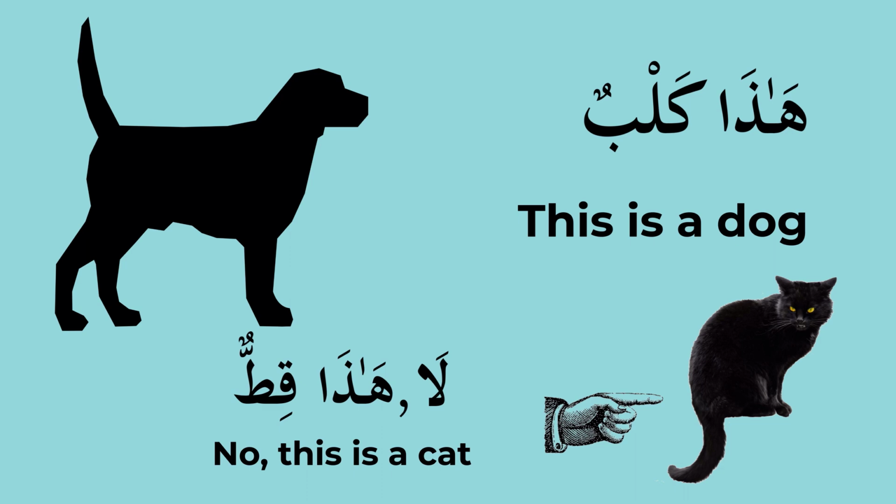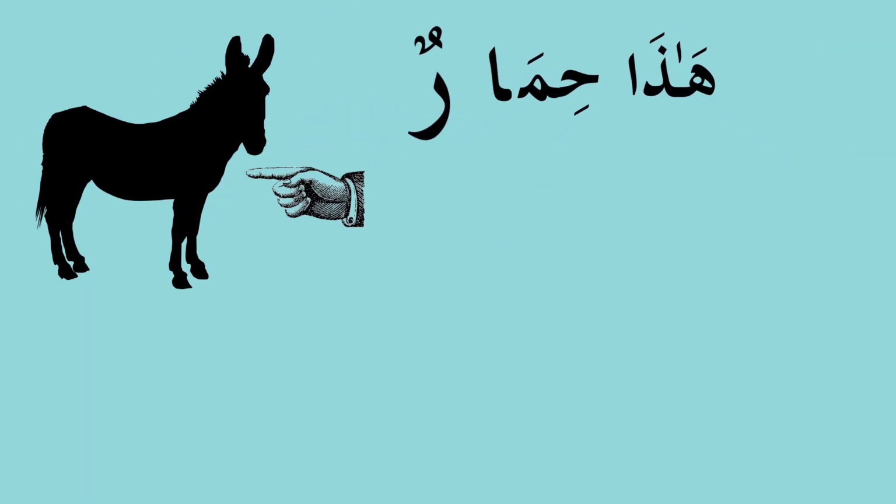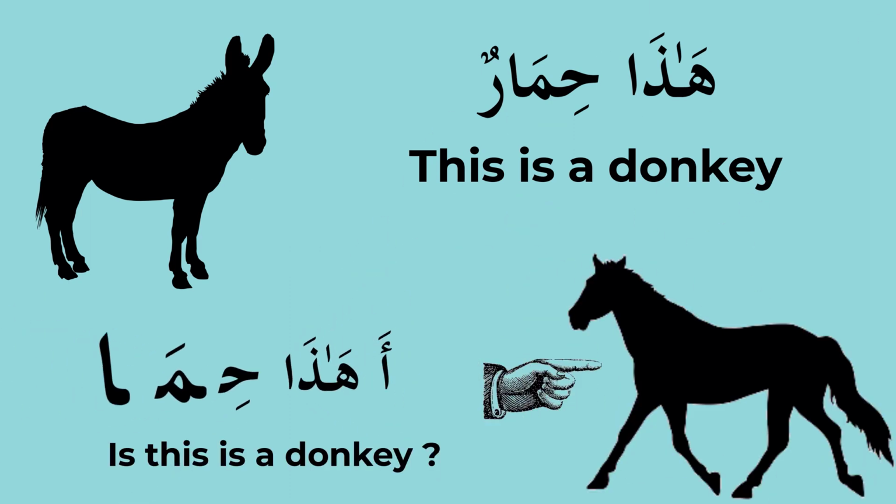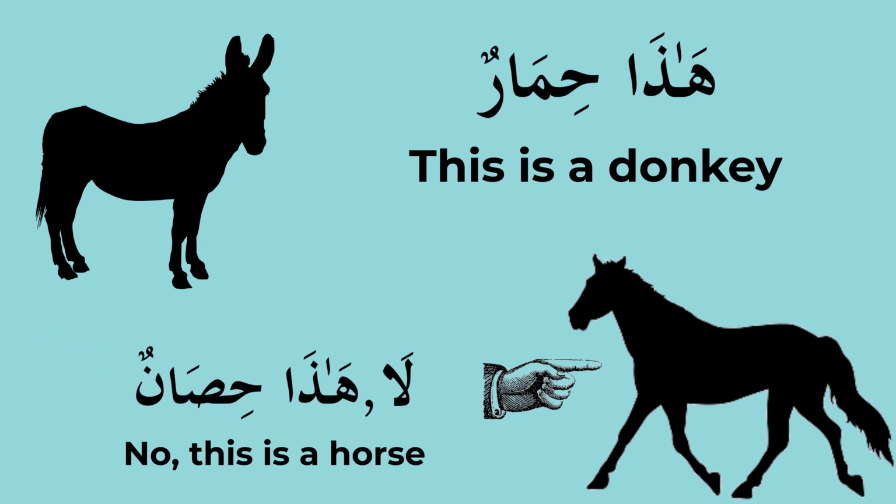So, brother, kittun, a cat. Haza himarun. Okay, brother. La. Haza hisanun. All these vocabs, you must do it at home. Donkey, horse, okay.